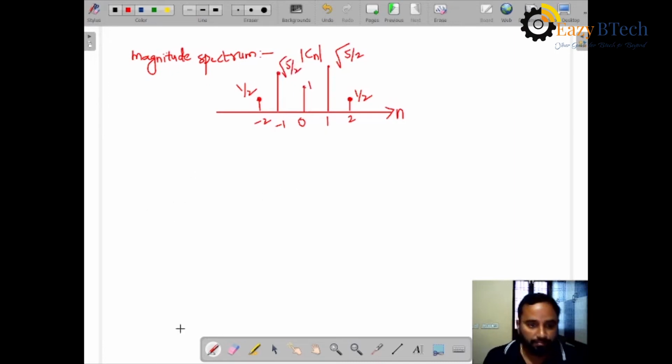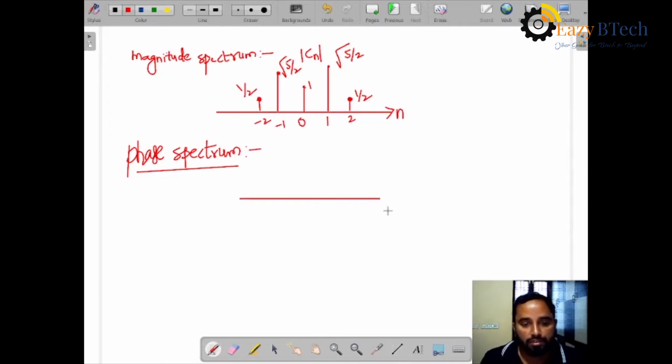Next phase. I am going to plot phase spectrum. Already we know the phases, we have seen them individually, and we are going to plot them. So here x-axis is n. At 0, C0 value is 1, so C0 phase is 0 because it is a real value. Next C1, what is the angle of C1?